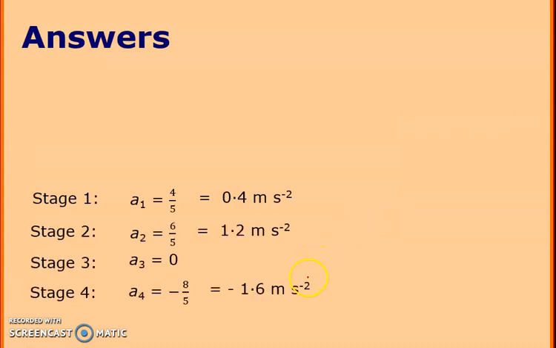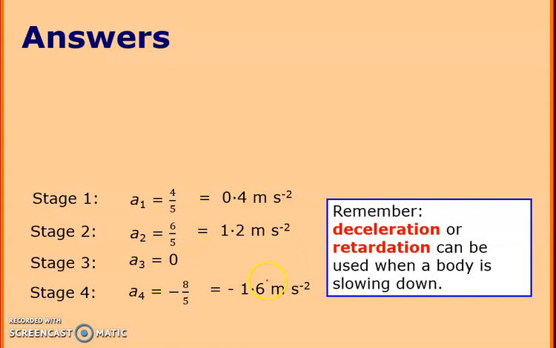And obviously what I need to make sure is I include the units for all of them. And we're running out of time. Just remember that I did mention this before. Deceleration or retardation could be used to describe this instead. If I did say deceleration, the deceleration would be 1.6. Or it's got an acceleration of minus 1.6. And that's the way to think of it. If you change the word, then you lose the minus.